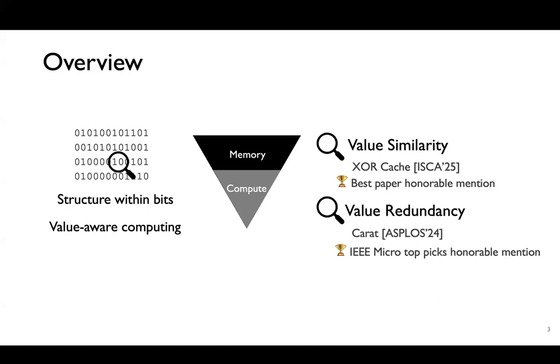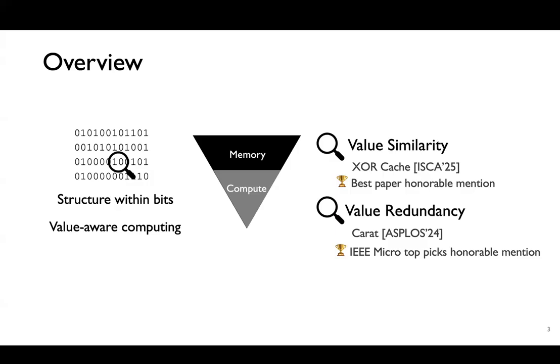So today I'm going to talk about two works that apply this design principle across the computing stack. So one of them is in memory hierarchy and the other one is in compute layer. So first, on the memory side of things, we observe that the data stored in caches have a lot of similarity, both within and across the cache lines.